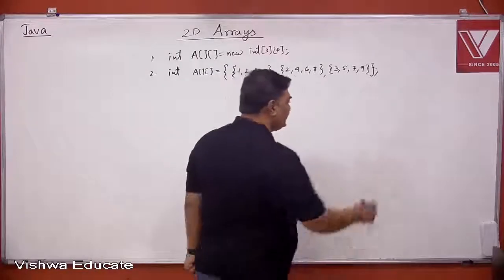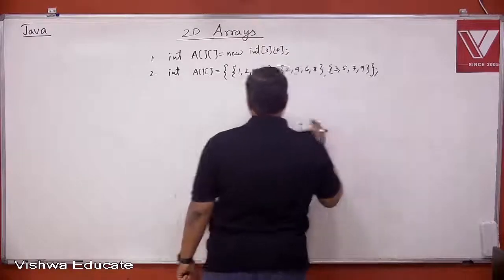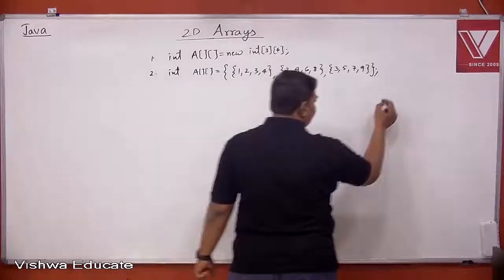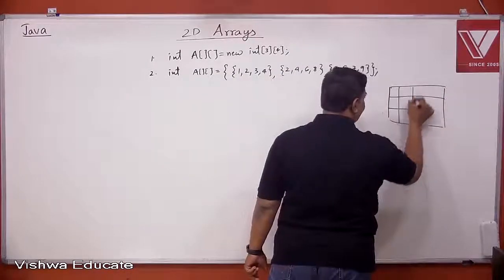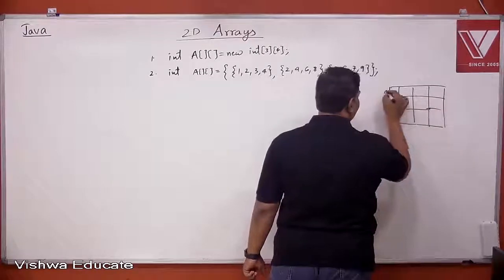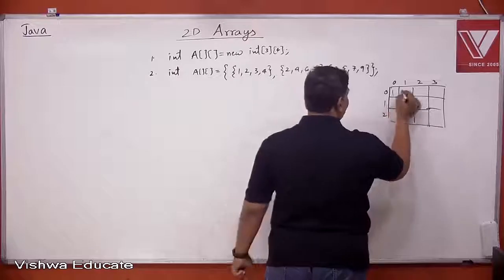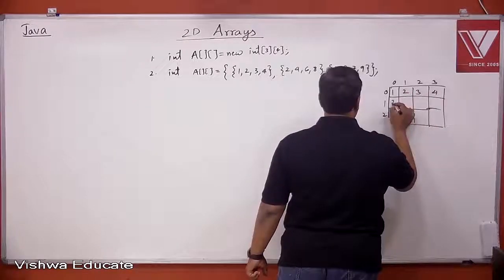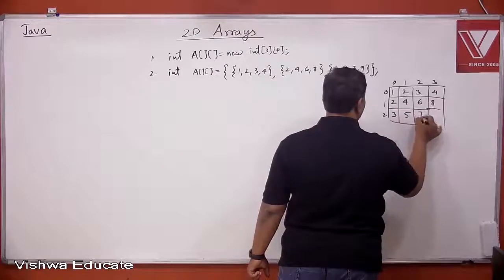I get the array like this with the filled elements. I will follow this rectangular method for showing you. So this is 0, 1, 2 and 0, 1, 2, 3, and the elements are 1, 2, 3, 4 and 2, 4, 6, 8 and 3, 5, 7, 9.